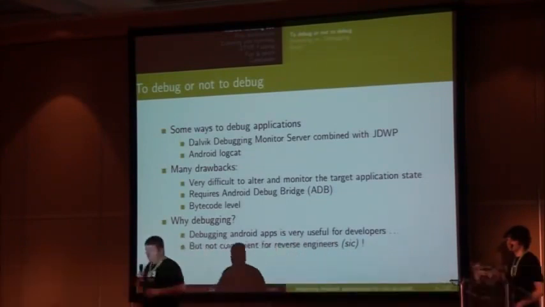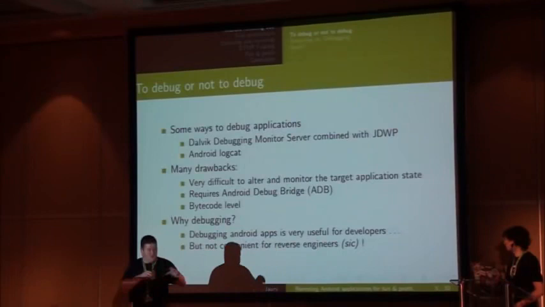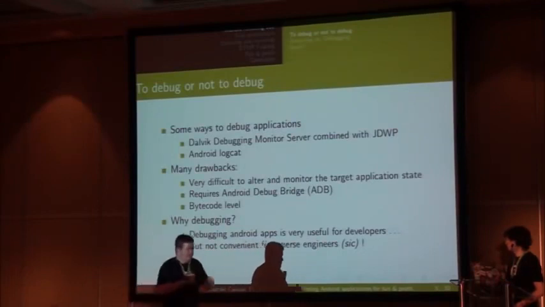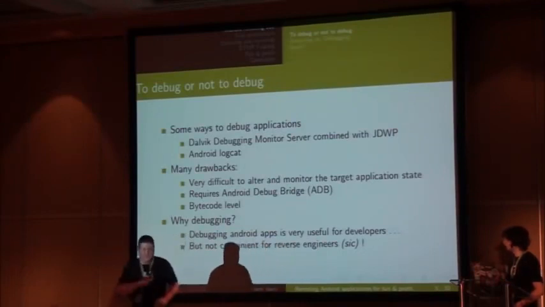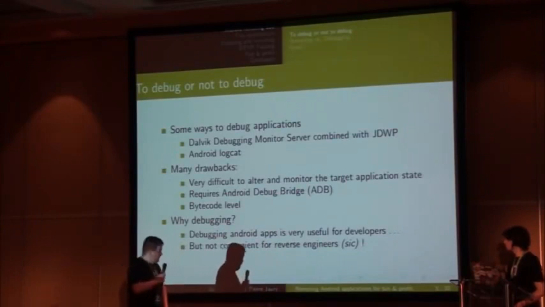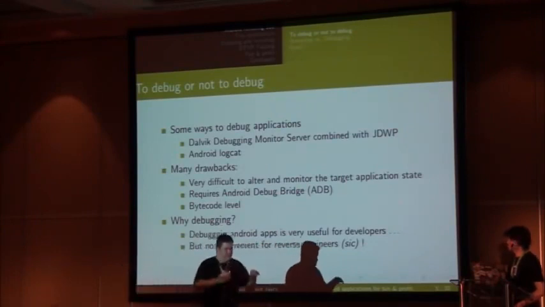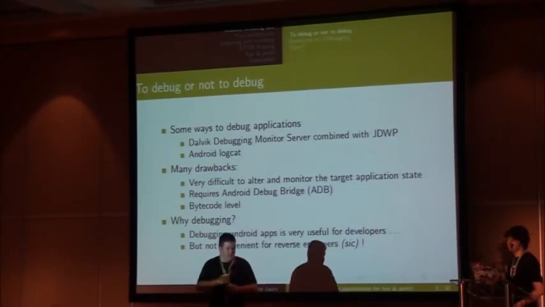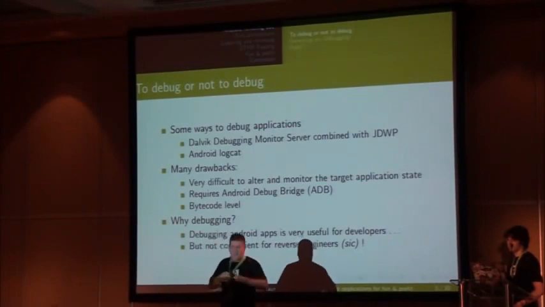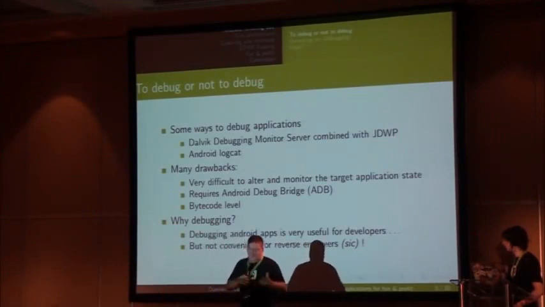It also requires Android debug bridge, which is ADB, a tool that is very used by reverse engineers on Android platforms. And it provides only a bytecode level access to the application. The only thing you can do with it is modify the bytecode, access some variables and properties, which is very limited and it's not very high level.